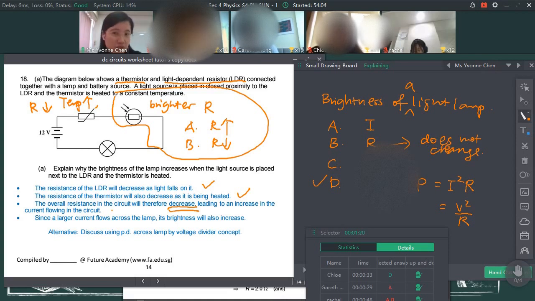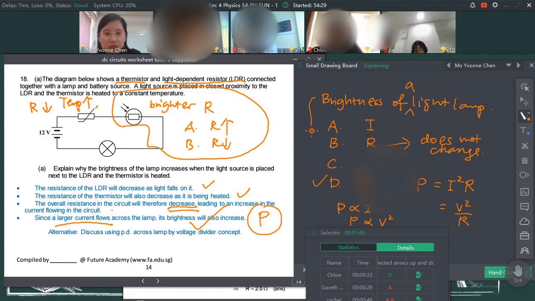Since it doesn't change, you can say power is directly proportional to I squared or to V squared. You can say that the current increases, so brightness also increases. It is correct, but I think you should link it to the power.